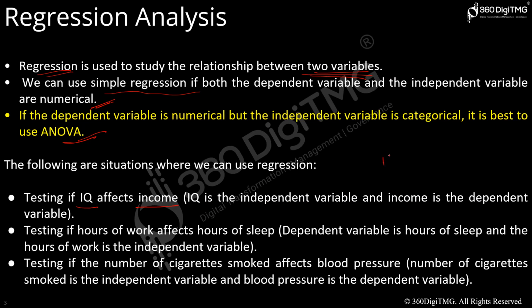If your IQ is more, you earn more, or if your IQ is less, you earn less. That's a basic logic. So that is why they have given that the income you get depends on your IQ.